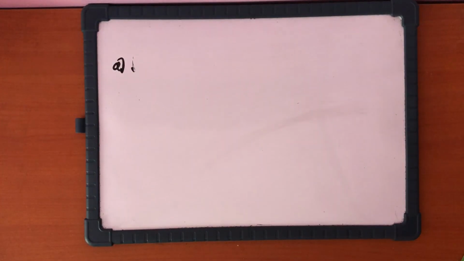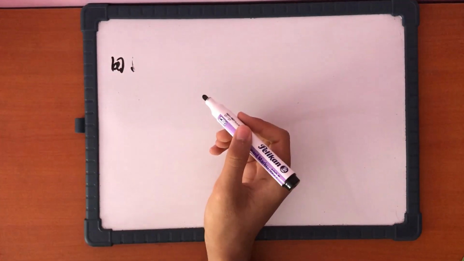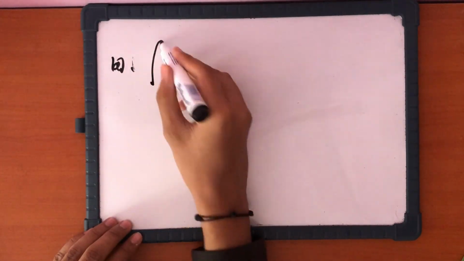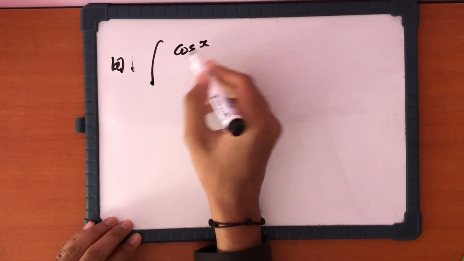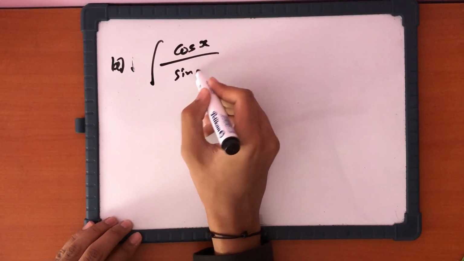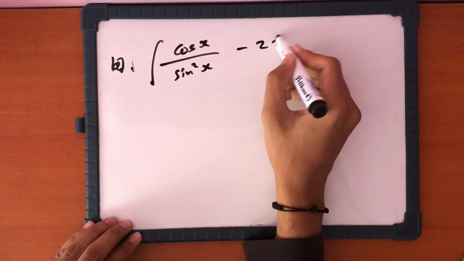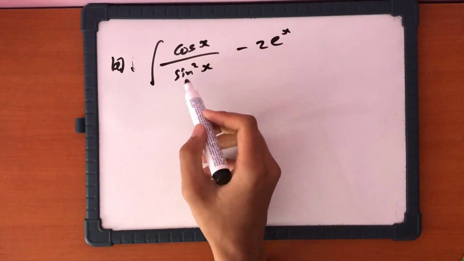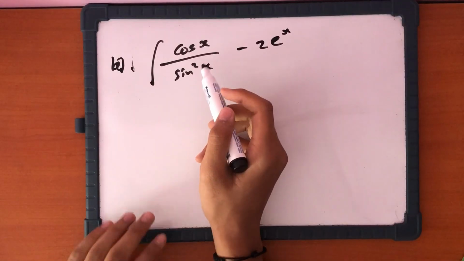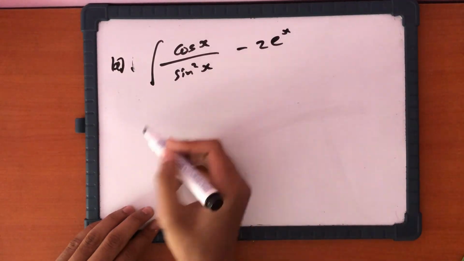That's question A. Let's see B. B is the integral of cosine x over sine squared x minus 2 e raised to x. Now you will see that this term is very hard to integrate, but you have to use some trigonometry.